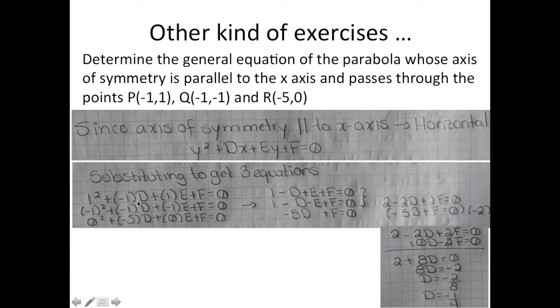I simplify this, guys, and I end up with 1 minus d plus e plus f equals 0. The second equation would be 1 minus d minus e plus f equals 0, and my third equation would end up being minus 5d plus f equal to 0. I have a system of 3 equations. So now I'm going to eliminate one of the variables of these 2 equations.